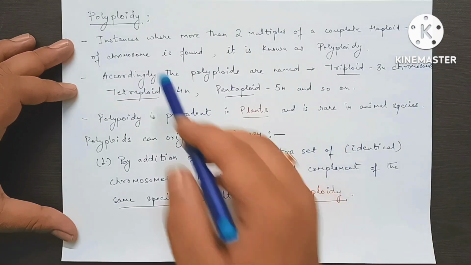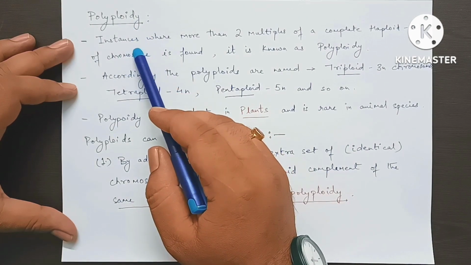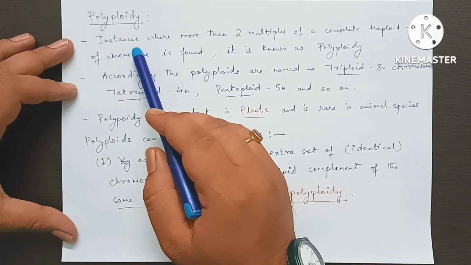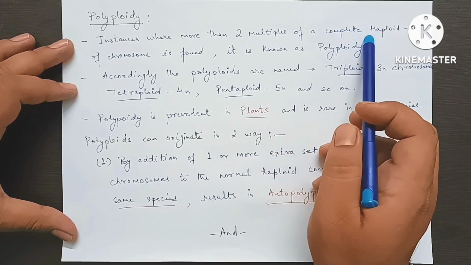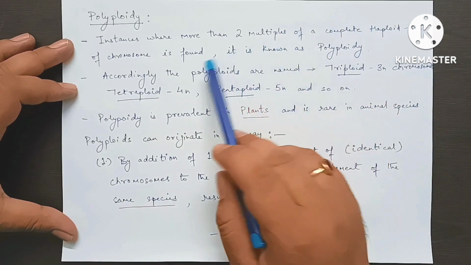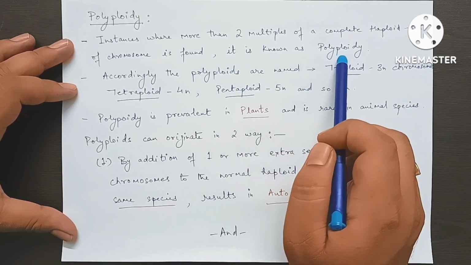Next is polyploidy. Here, instances where more than two multiples of a complete haploid set of chromosomes is found, it is known as polyploidy.